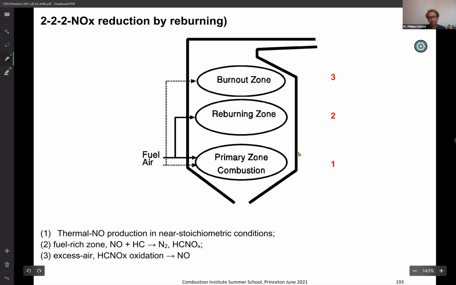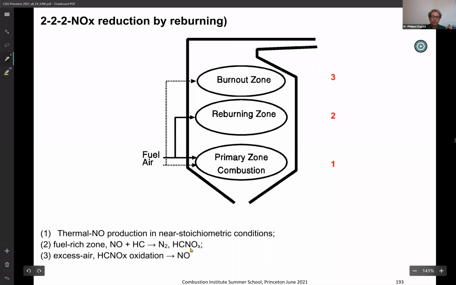And then you make what we call a reburning zone, where you introduce fuel again. So then you have excess of fuel compared to oxygen, and you will have the possibility to get interaction of hydrocarbon radicals with NO and produce N2 and some intermediates, which contain hydrogen, carbon, nitrogen, and oxygen.